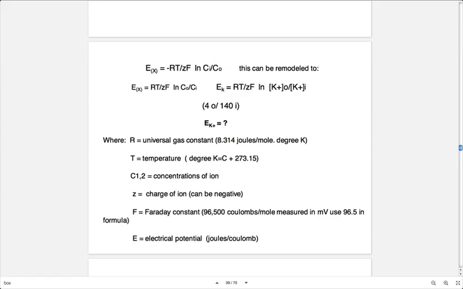This is the original Nernst equation. Because I'm lazy, I just rearrange it so I can get rid of this minus sign, if you just flip over the out and in. So it's concentration outside over concentration inside of potassium. So 4 over 140. Those are the values we're working with: 4 millimolar outside, 140 millimolar inside.